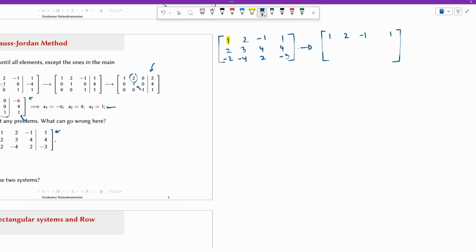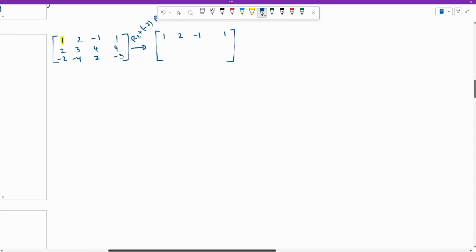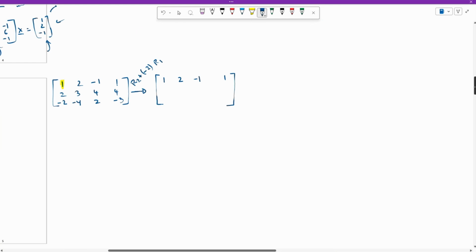So the operation we are doing is row 2 is converted to row 2 plus -2 times row 1. So this will of course be 0. And then tell me what the other elements are.